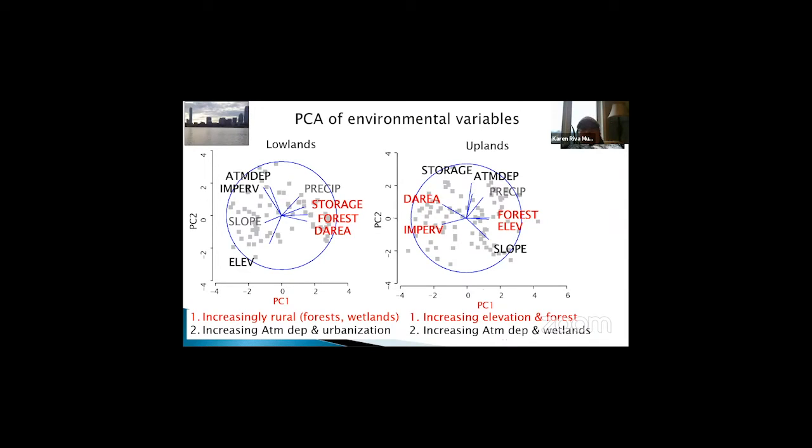So in this case, atmospheric deposition is not associated with deposition to urban areas, but instead it's a gradient of deposition to forested areas. And I picture this as the sites that would be way up at the top would be like sites in the Western Adirondacks that have low gradient stream channels, many of them, high atmospheric deposition, and a lot of wetlands.